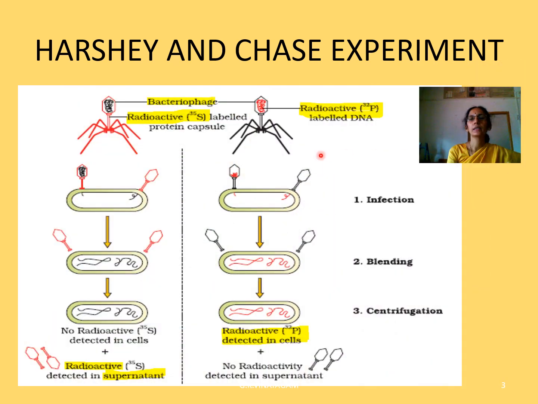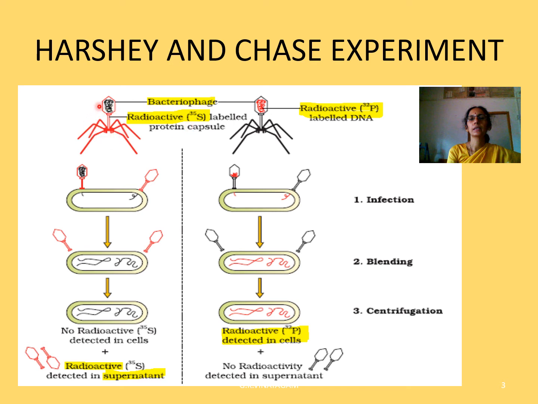Now this is a very simple diagrammatic representation of the entire experiment as given in your NCERT textbook. So here this is a phage particle grown in radioactive sulfur containing medium. Which part is showing?